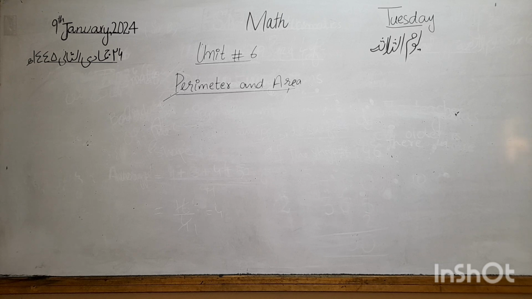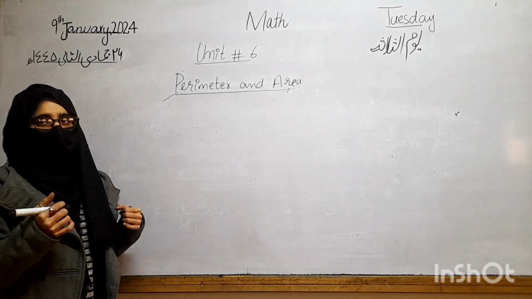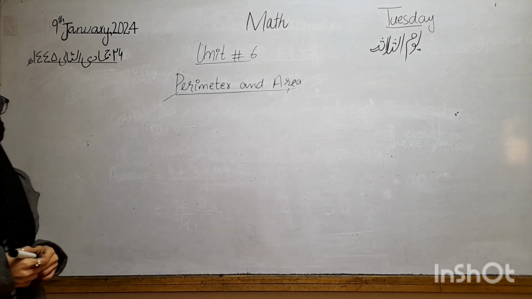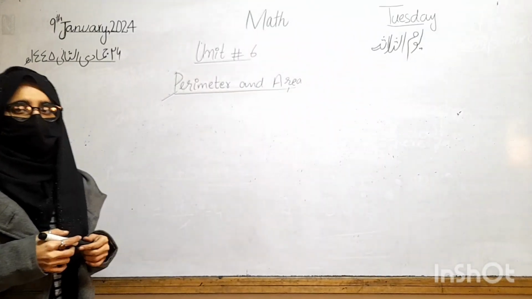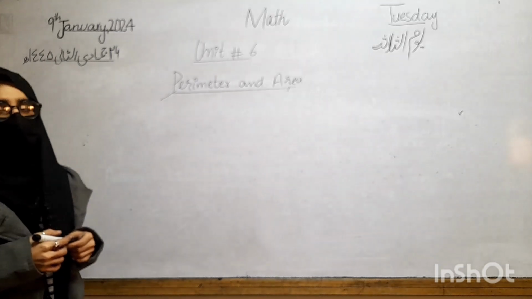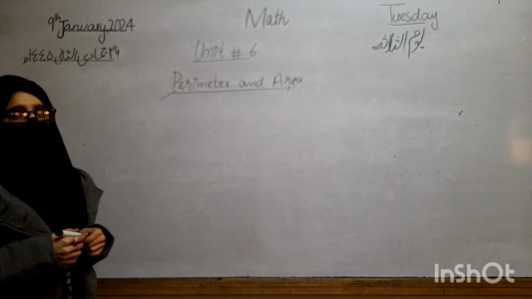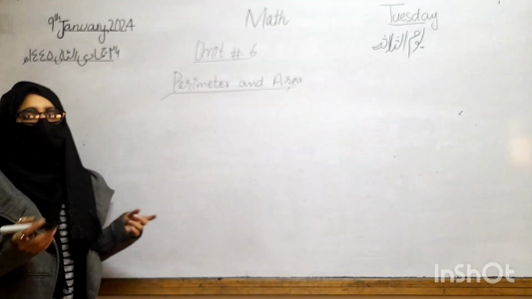In some questions we were given length and breadth and had to find the area, and in some we were given length and area and had to find the breadth. We also got an idea about how to check whether you have got the correct answer or not.